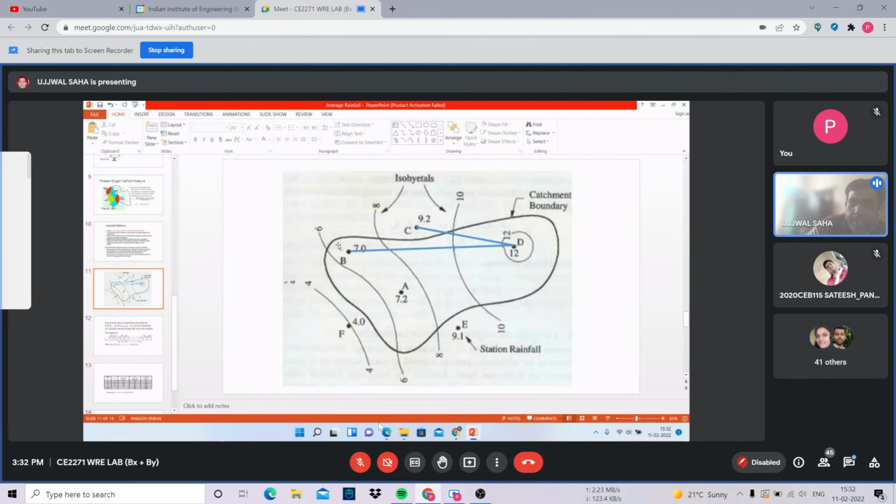So variation is 5. Then I give a scale and see what the distance is. Distance may be 5 inch. So a 5 millimeter variation is happening over 5 inch.